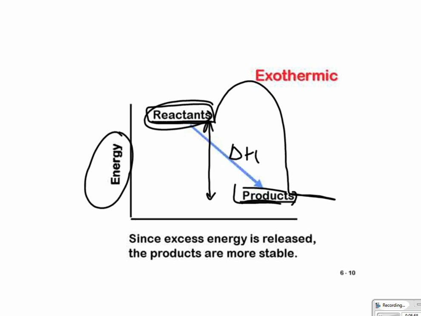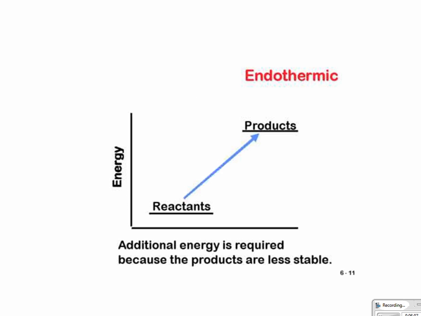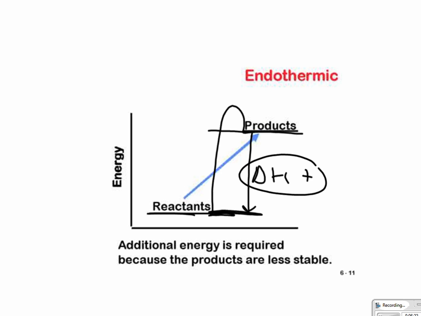That makes sense because delta H is declining. The value of energy is decreasing right there. Versus an endothermic reaction, the products are always going to be higher than the reactants. So again, the delta H can be found as the difference between the line of reactants and the line of products, or the level. My delta H would be positive, and that is an endothermic reaction.